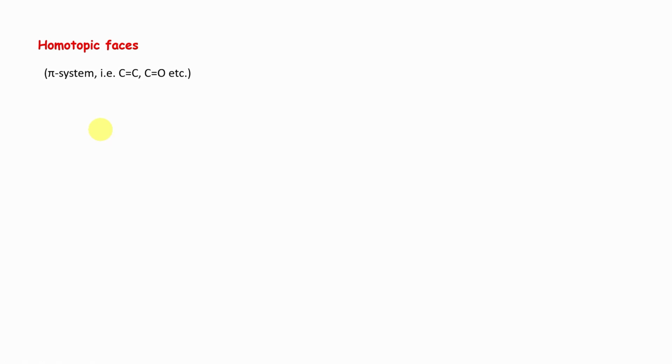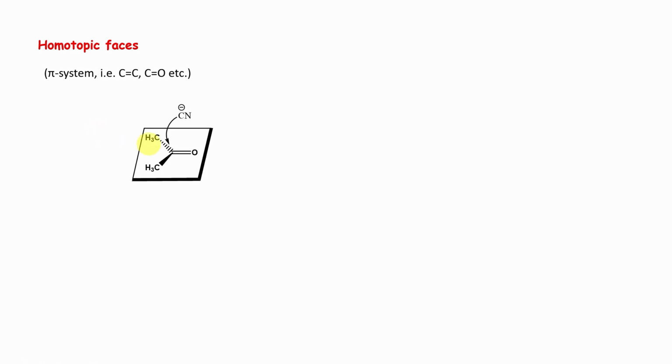Okay, so we have already discussed homotopic ligands, enantiotopic ligands, and diastereotopic ligands. Now let us consider homotopic faces, enantiotopic faces, and diastereotopic faces. Okay, first let us consider homotopic faces.